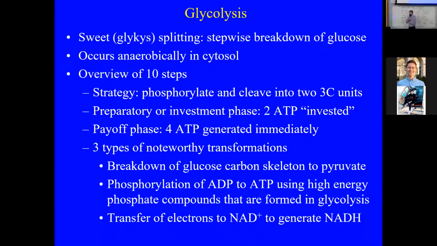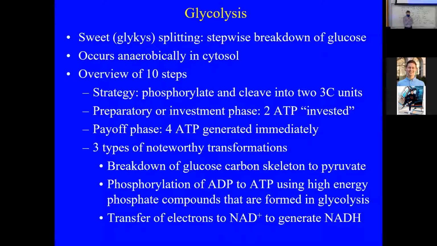All right. So glycolysis is a 10-step process that occurs in the cytosol of effectively all cells. All cells require energy, and the utilization of sugars, in particular glucose, is essential to the survival of most cells.